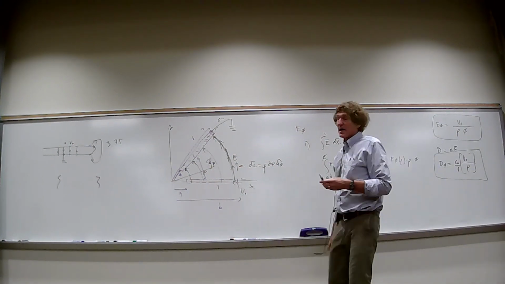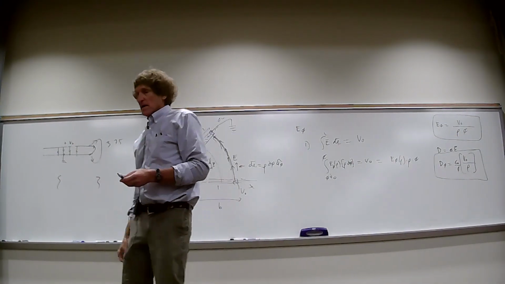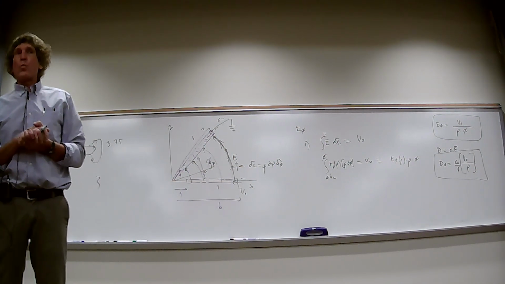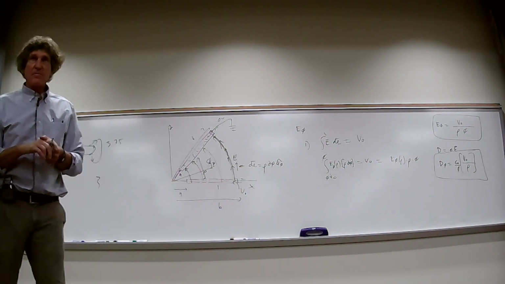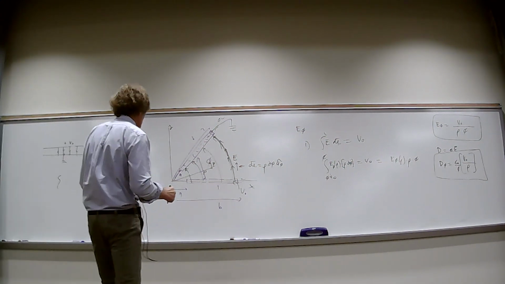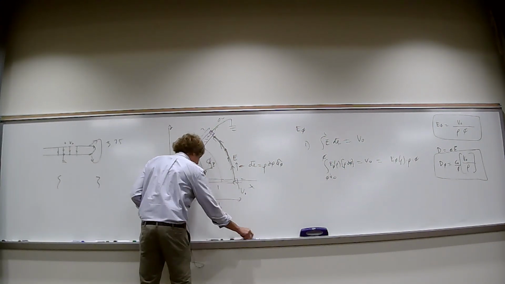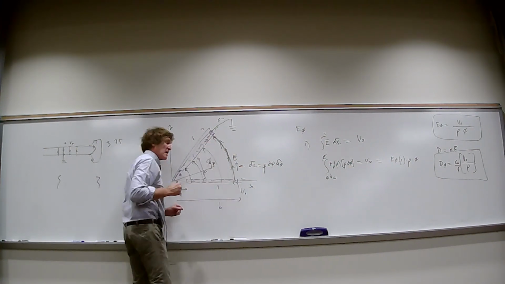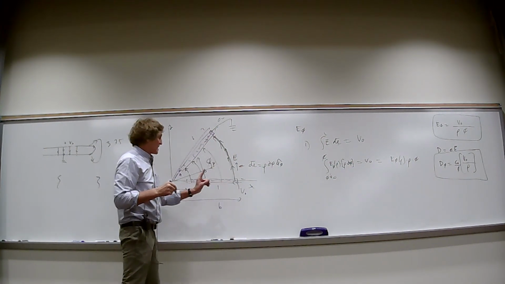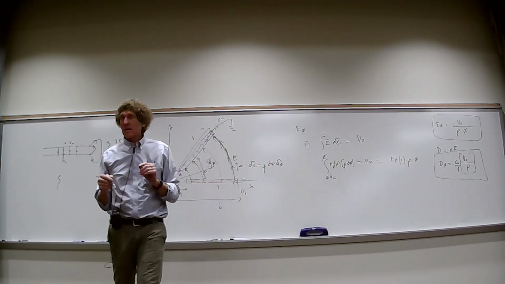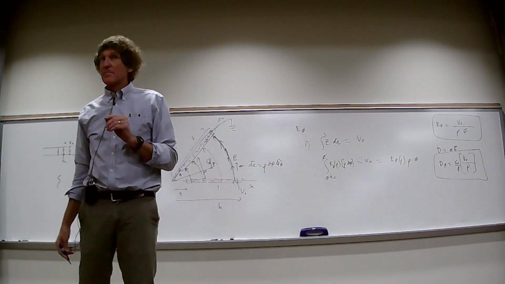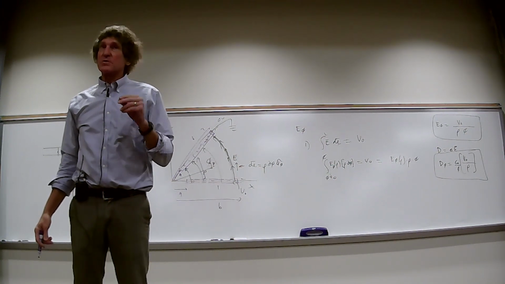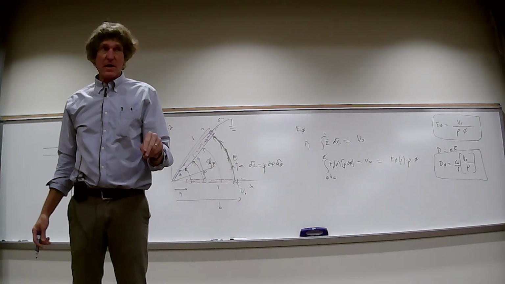Now something I haven't covered yet, and I'm glad you asked this very question. How many know if you have a D field and it is normal to a conducting surface, remember, this right here is a perfect conductor and this is a perfect conductor, right? How many know what D normal is with respect to the charge density? Anybody? Think of the units of D normal or D field. It's coulombs per meter squared, right?